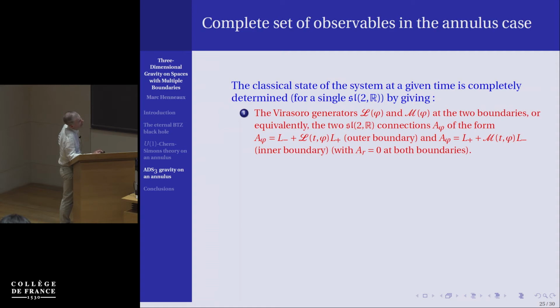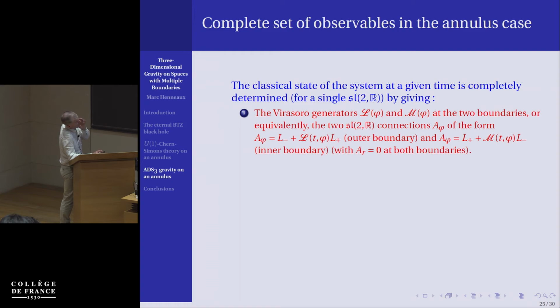But now the angular component of the connection cannot be an arbitrary group element. It has to fulfill this Hamiltonian reduction condition. So there is no L0. So it's, I guess, highest weight gauge. So the coefficient of L minus is 1.